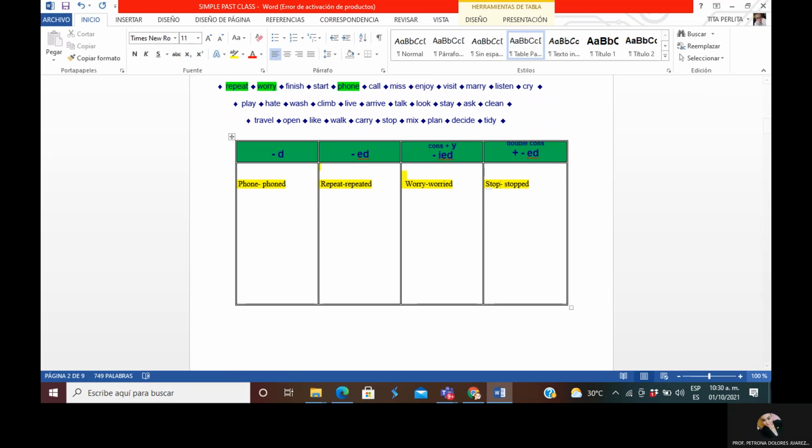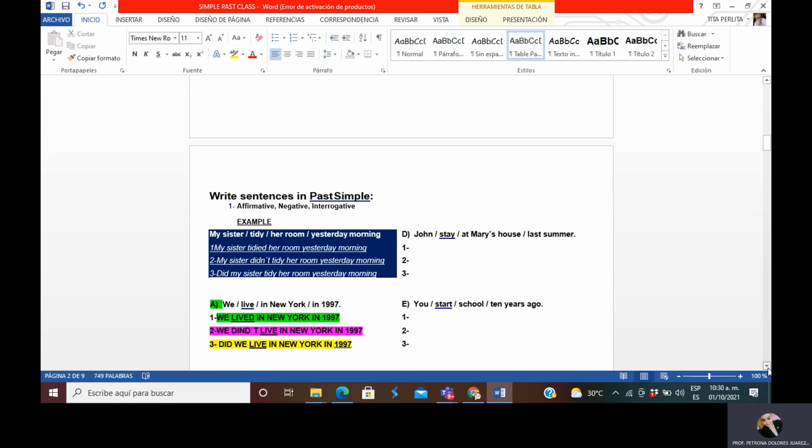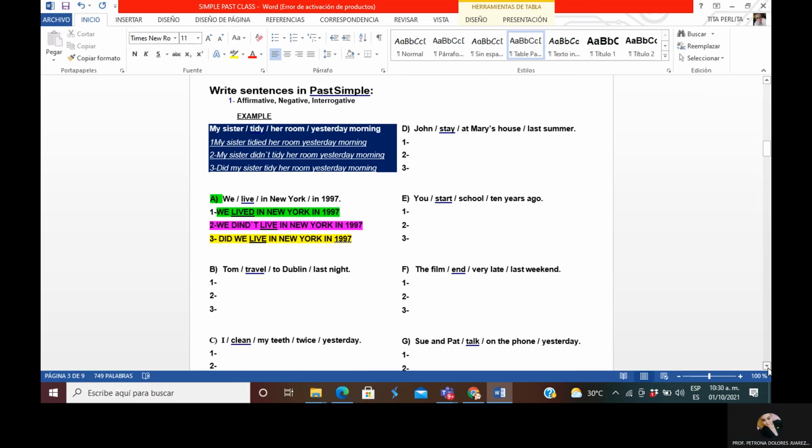Bueno. Vamos ahora al siguiente ejercicio, donde necesito que pongamos especial atención, porque es como vamos a pasar las oraciones a su forma pasado simple. Hablamos que el pasado simple es para actividades ya terminadas que no vuelven a ocurrir. Y les comentaba en un principio que was y were son el pasado simple, nada más que el to be por sí solo se maneja con su forma negativa e interrogativa.